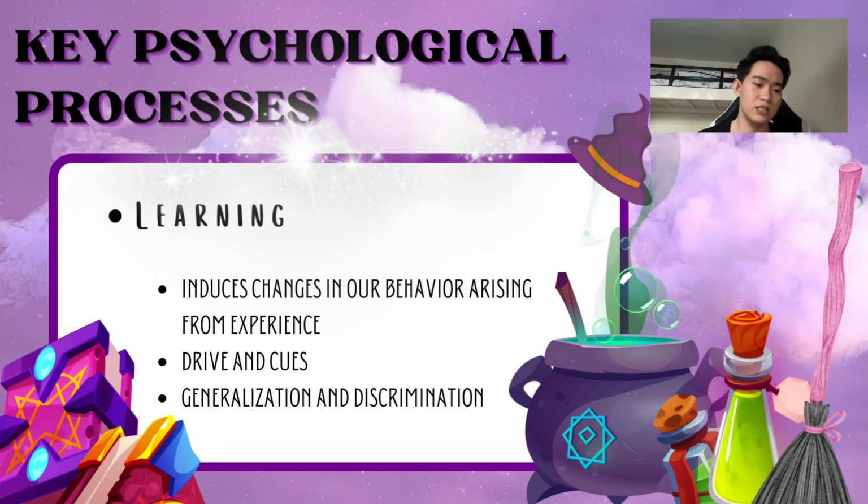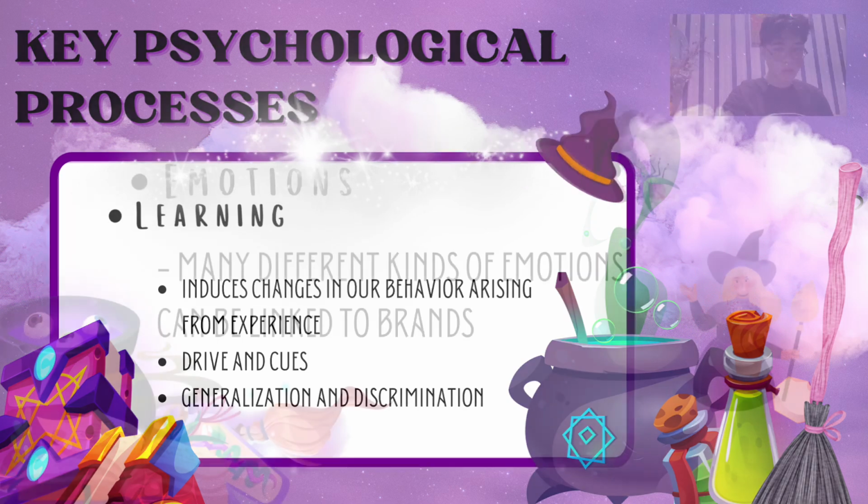People generalize when they apply what they learned to new situations. Discrimination is when they notice small differences and act accordingly. Over time, learning helps shape habits, choices, and how people respond to the world around them.